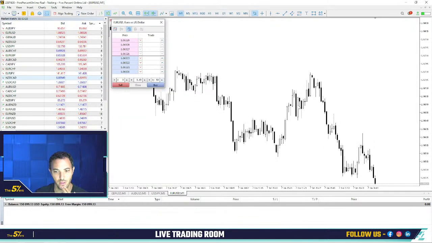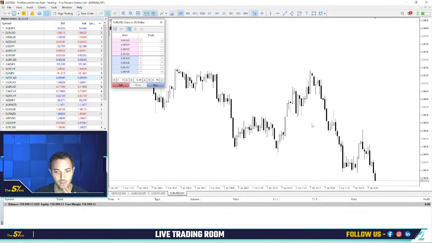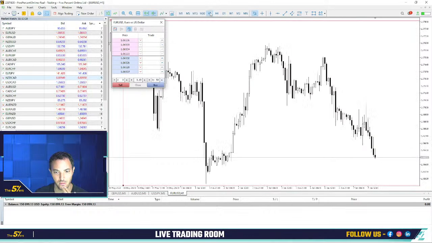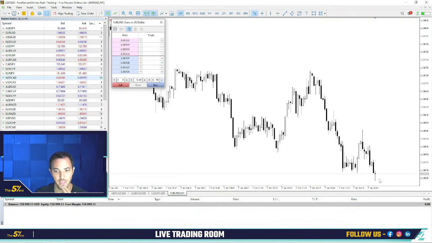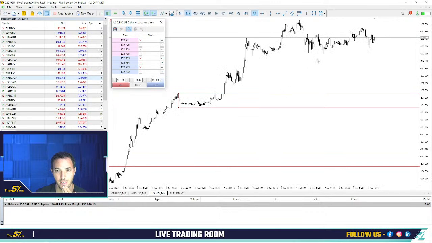So I'll wait for a little pullback, and then I don't see much here, so I think we can go and test the lows there. So I'll try to catch those last movements. On every pullback, I'll start building some shorts.